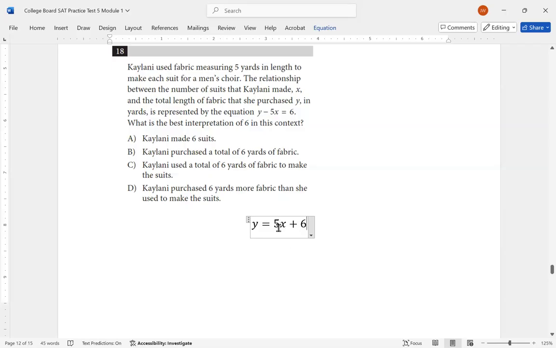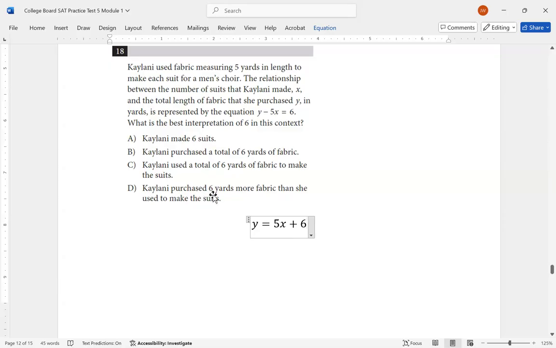So that's your 5X. Y is the total number of yards purchased. So 6 would be the leftover amount that she did not use at all. And therefore, the answer to 18 is D.